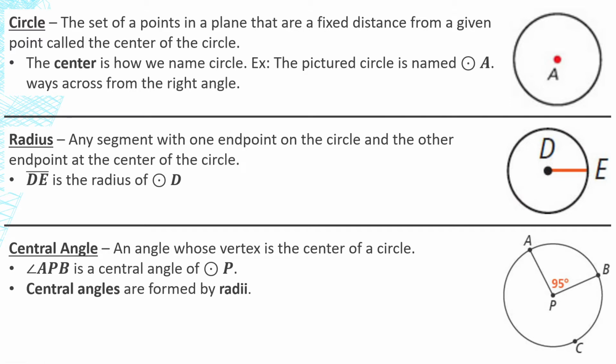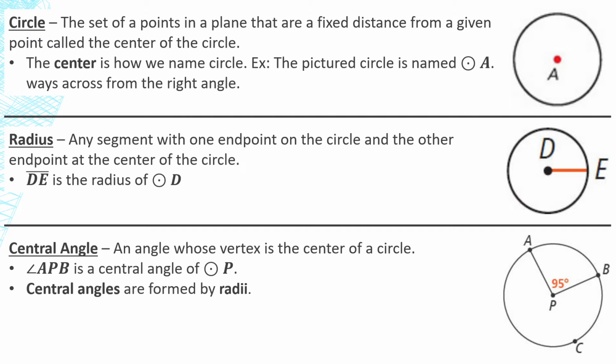All right, this should be a new concept: central angle. The central angle is an angle whose vertex is the center of the circle. If we take any two radii, they will form a central angle.